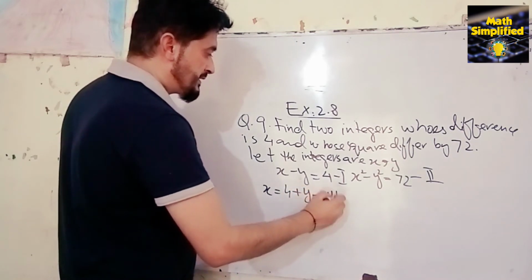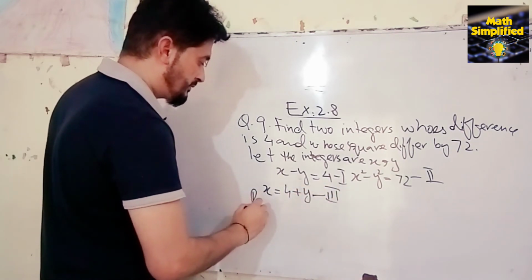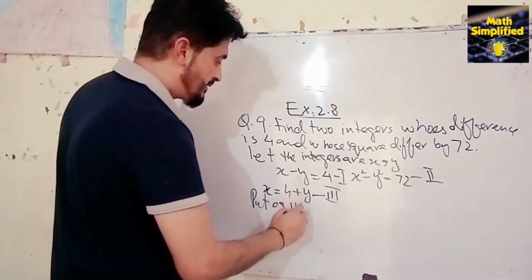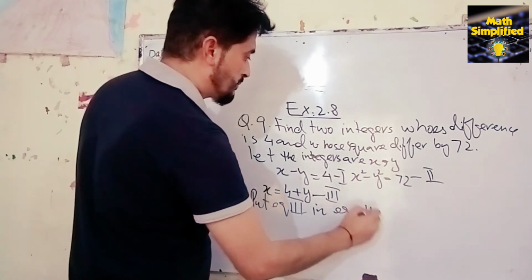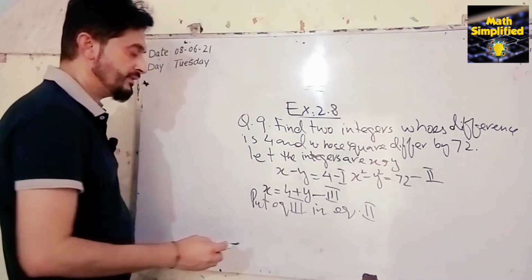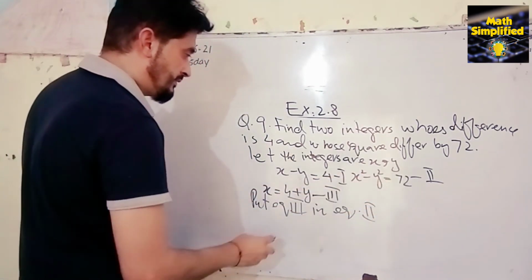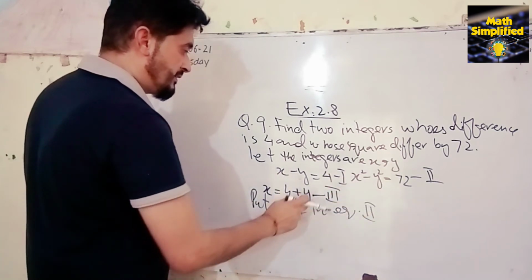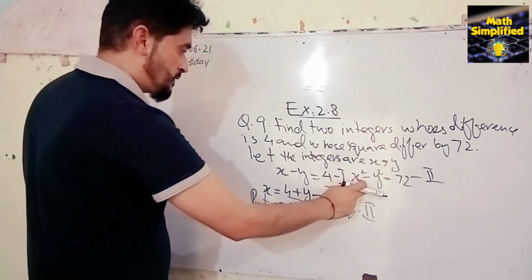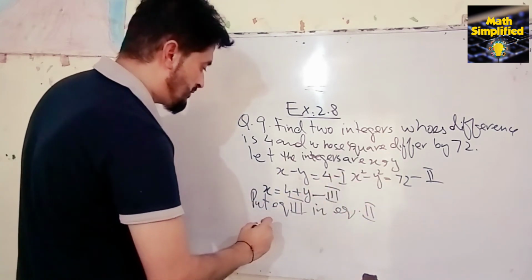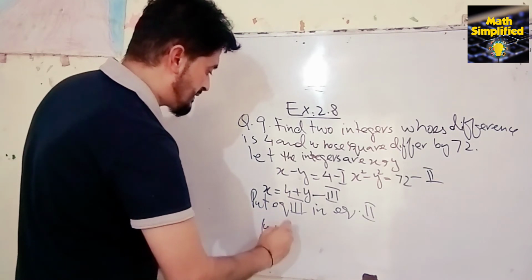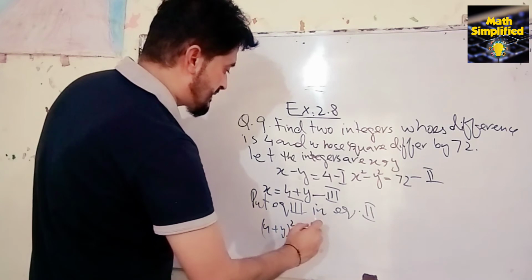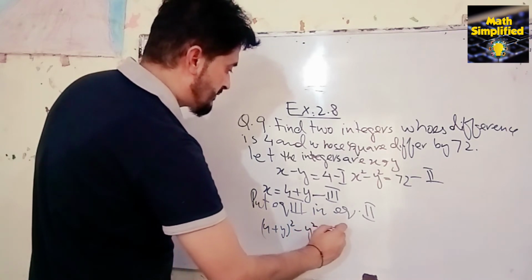Let's suppose this is equation number 3. Put equation 3 in equation 2. By putting equation 3 in equation 2, we will get 4 plus y whole square minus y square is equal to 72.